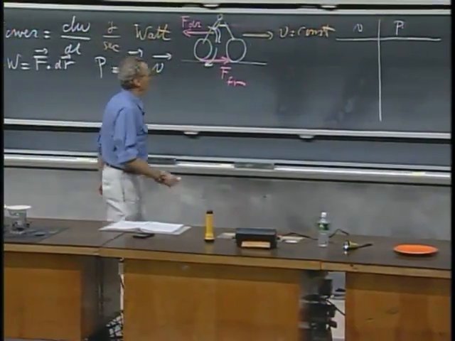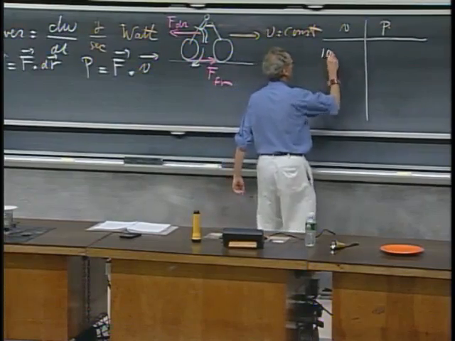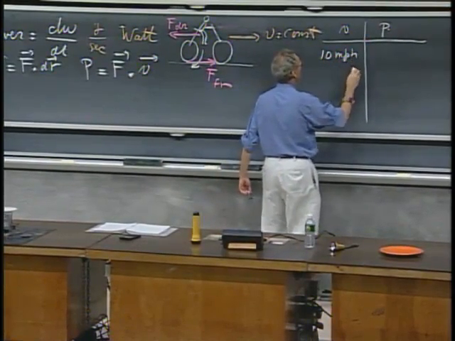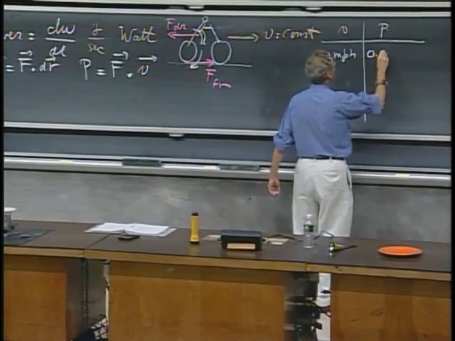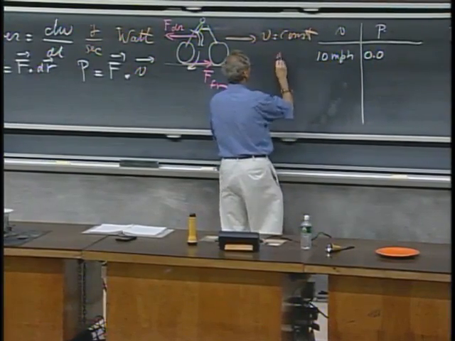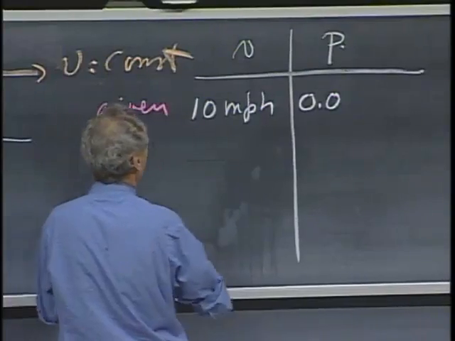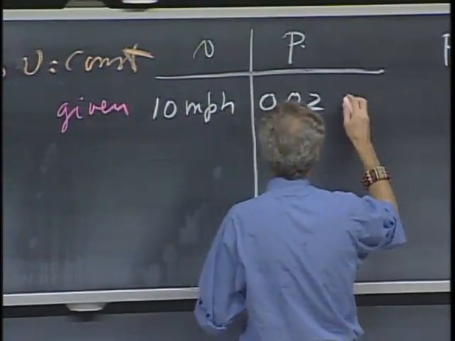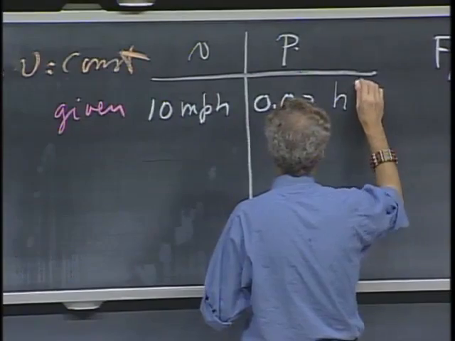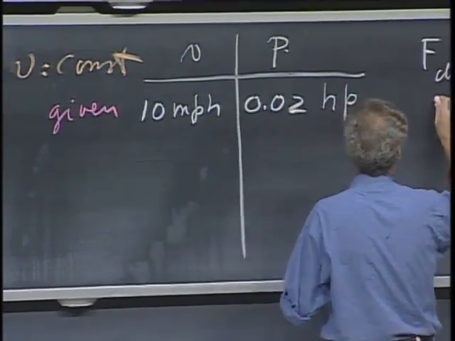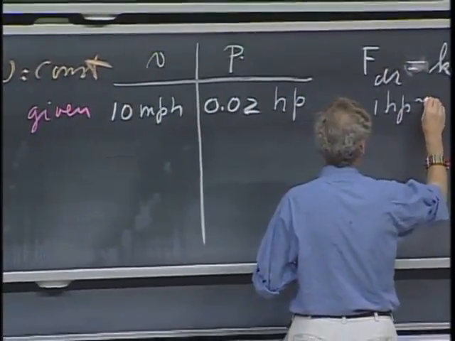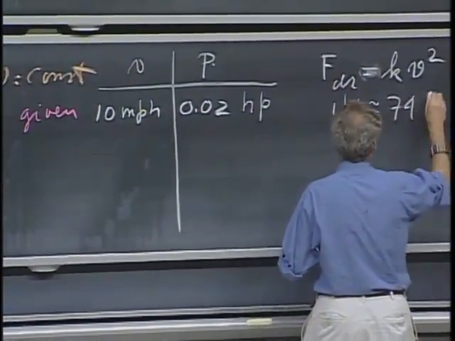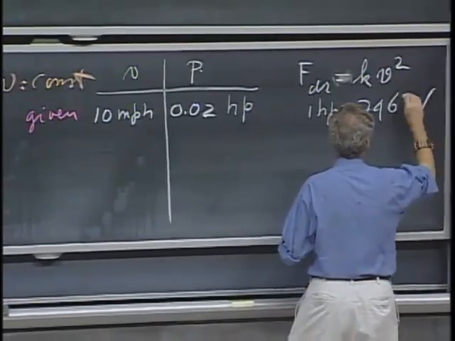Then, if I drive 10 miles per hour, I tell you that the power, this is a given, this is not something that I show you, is about 0.02, around 1/50th of a horsepower, and 1 horsepower is some crazy unit, 746 watts.